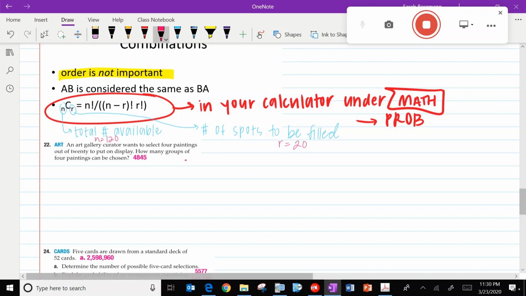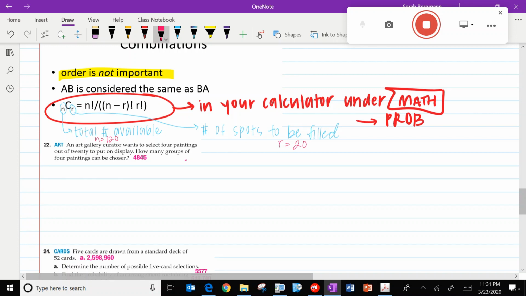Okay, so this says, an art gallery curator wants to select 4 paintings out of 20 to put on display. How many groups of 4 paintings can be chosen? So in this one, the order doesn't matter because I'm just selecting a group of paintings. It doesn't matter whether I choose the Starry Night first or the Mona Lisa first.